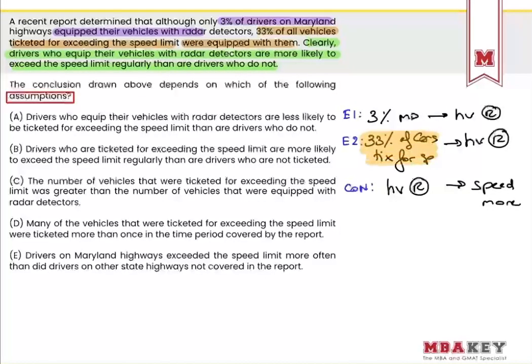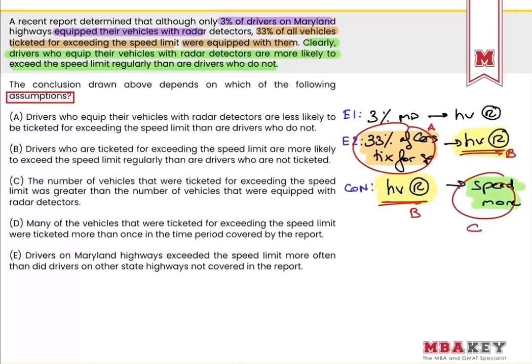If this orange thing goes to have radar, and then have radar, which is the same thing as the one here, goes to speed more, we can think about this framework as if A goes to B, we'll call that B, and B goes to C, that means that A has to go to C.